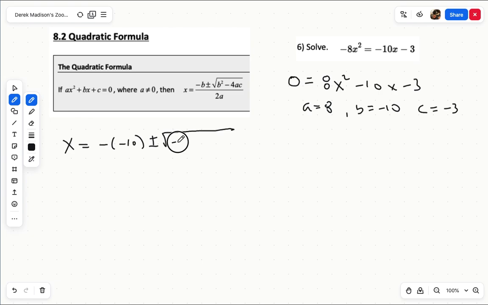B squared, so -10, quantity squared. And careful right there, you should write those parentheses. Even if you don't, you should realize that it's -10 times -10, and that this is going to be a positive quantity every time. Minus 4 times a, which is 8, and c is -3.